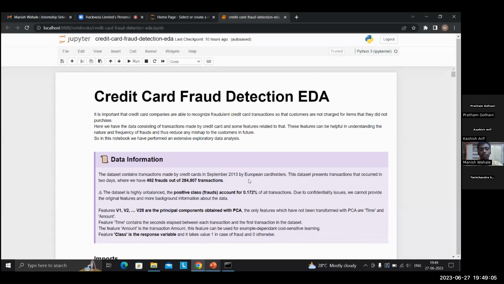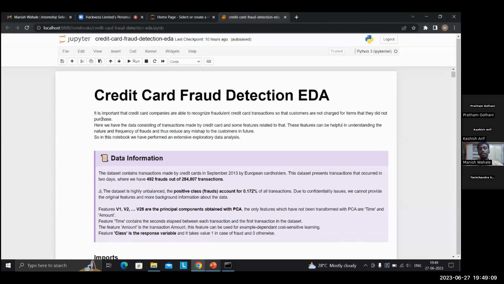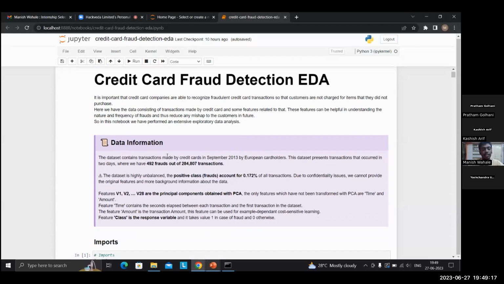The credit card fraud detection EDA. As we can see here, the metadata is displayed, which was provided in the Kaggle dataset by the author itself. The dataset information, as we have discussed earlier, says there are only 492 fraudulent transactions out of these many transactions.